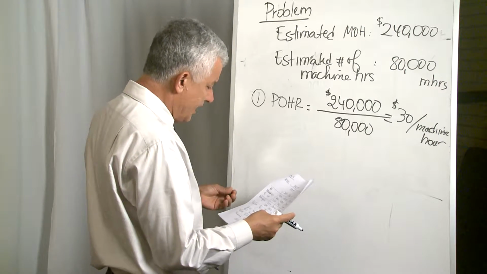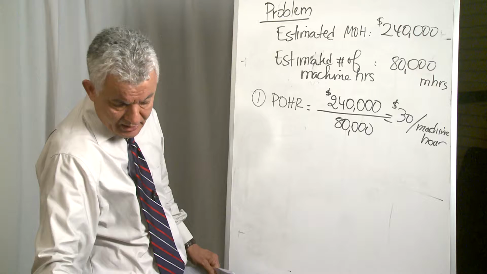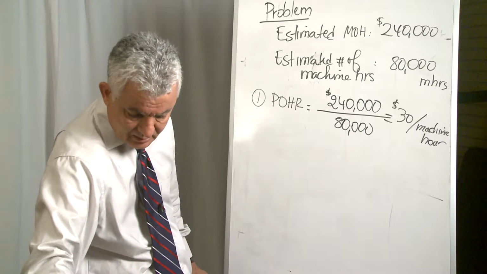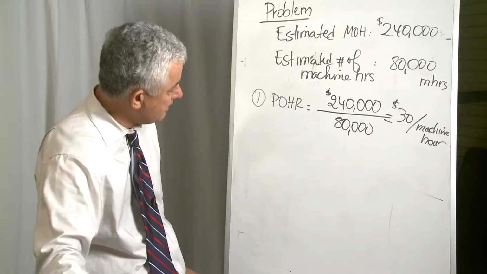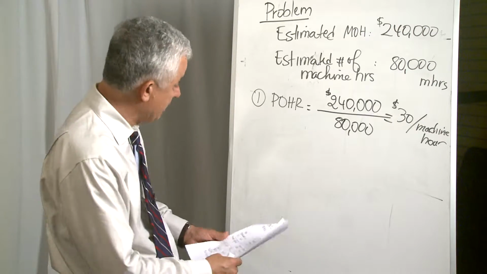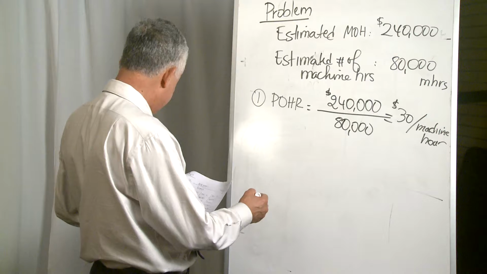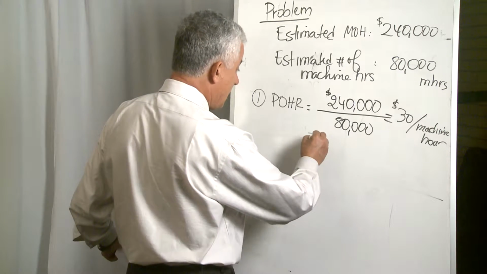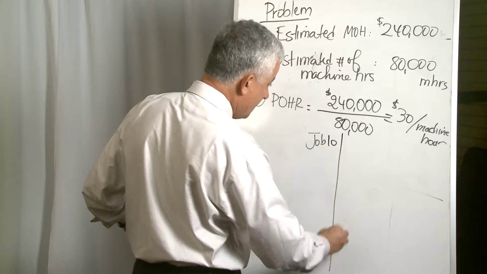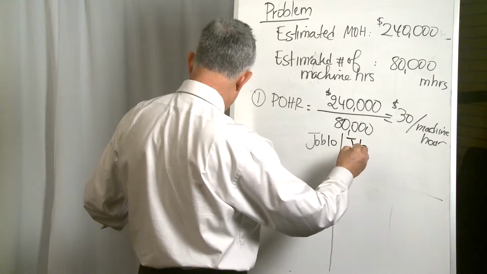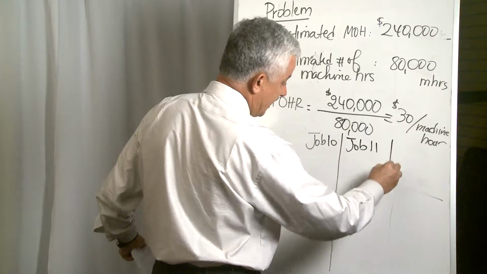Now, the following question is to determine the total cost associated with each job. Okay, so let's do it. The total cost allocated with each job. So we have job 10, job 11, and job 12.